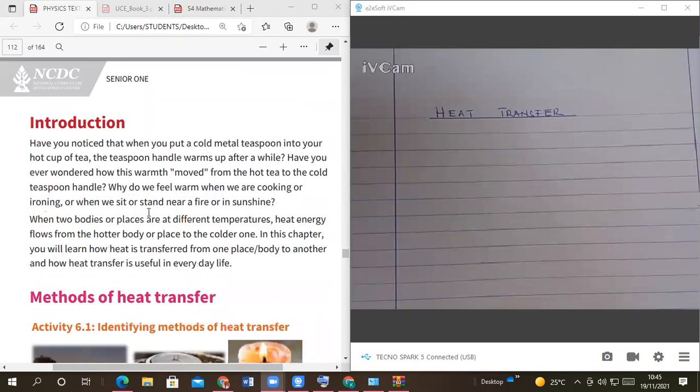So with our introduction here, they have said that when you put a cold metal teaspoon into a hot cup of tea, the teaspoon's handle warms up after a while. Have you ever wondered why this warmth moved from the hot tea to the cold teaspoon's handle?